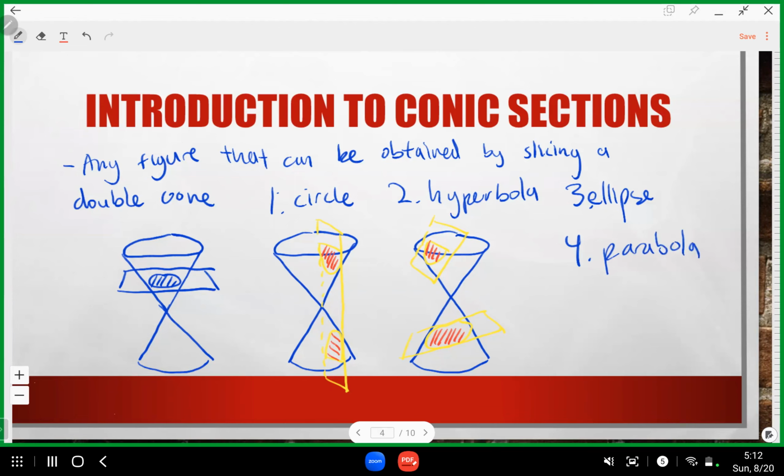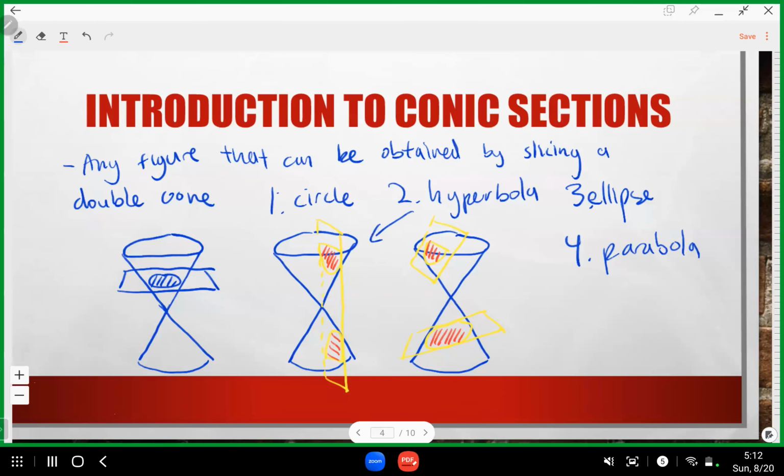So with that aside, you all know what a circle looks like, right? And you also know what a parabola looks like. So what exactly does an ellipse and a hyperbola look like? As you can see, this is the hyperbola, right?